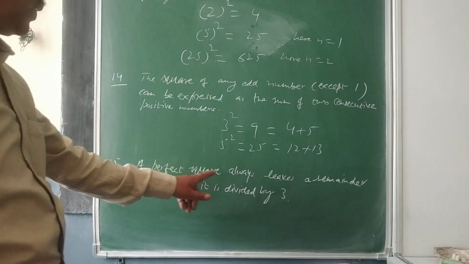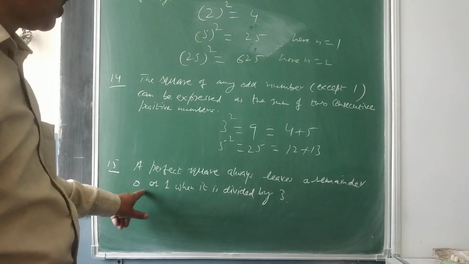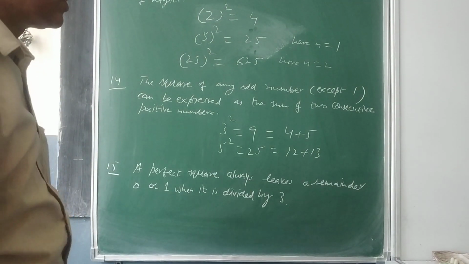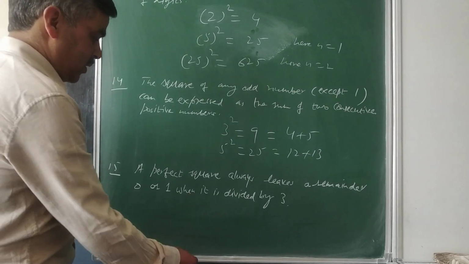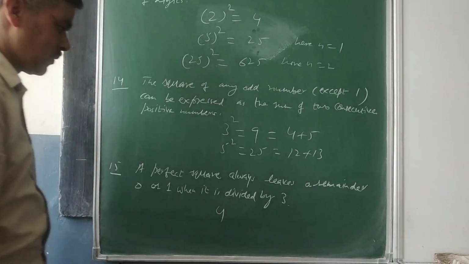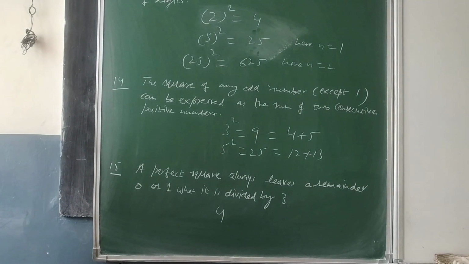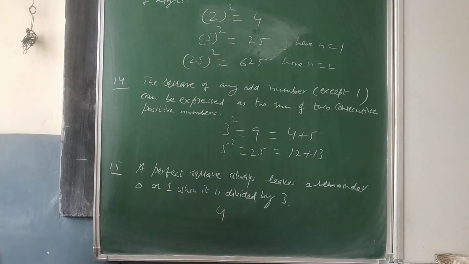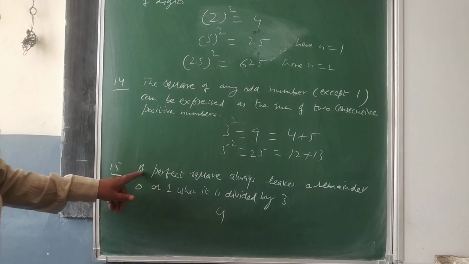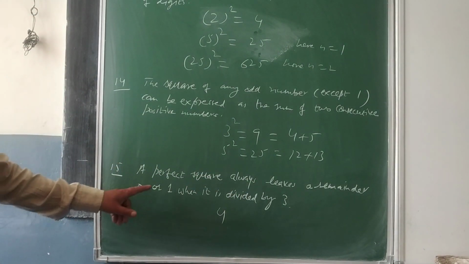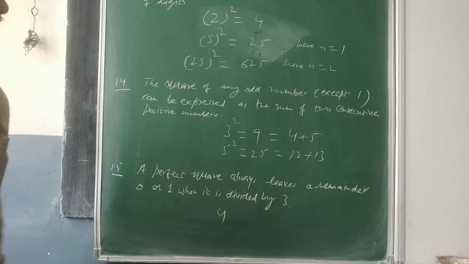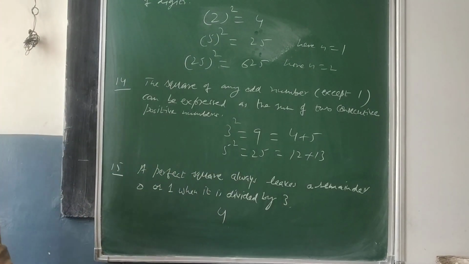Then number 15. A perfect square always leaves a remainder 0 or 1 when it is divided by 3. Suppose the perfect square is 4. A perfect square always leaves a remainder 0 or 1 when it is divided by 3. Now you divide 4 by 3, what happens?